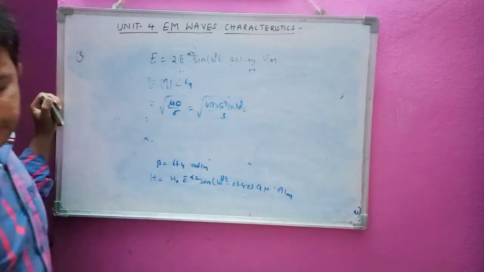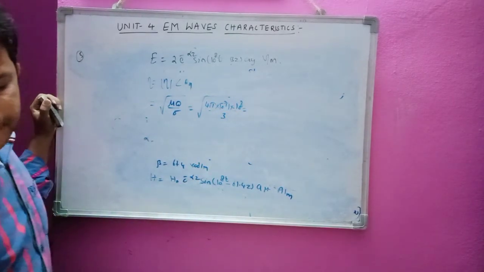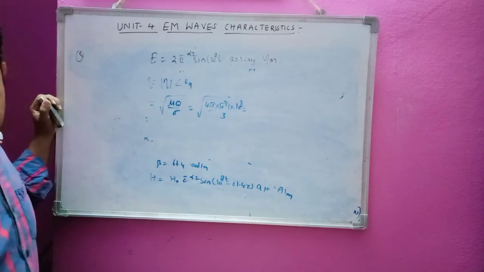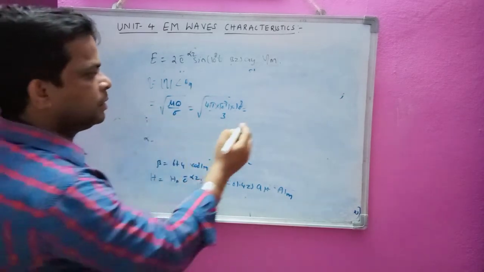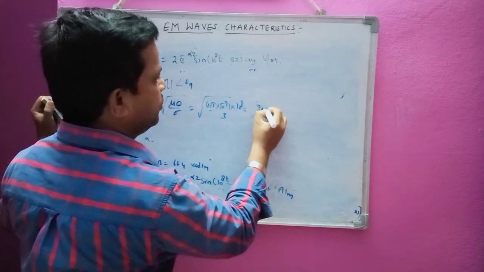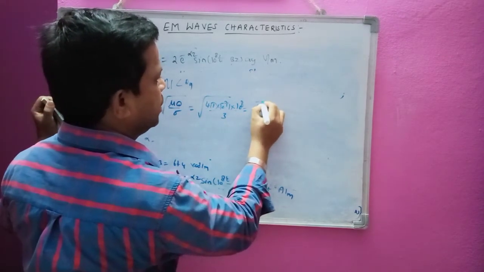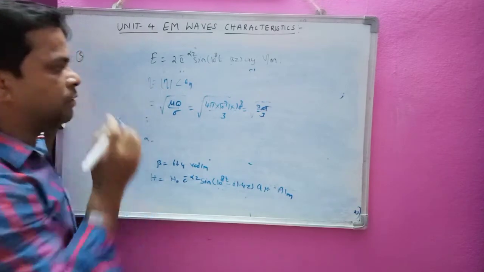After calculating this, we get the square root of 800 pi by 3. Why? Because after calculating this, I will get it like this.